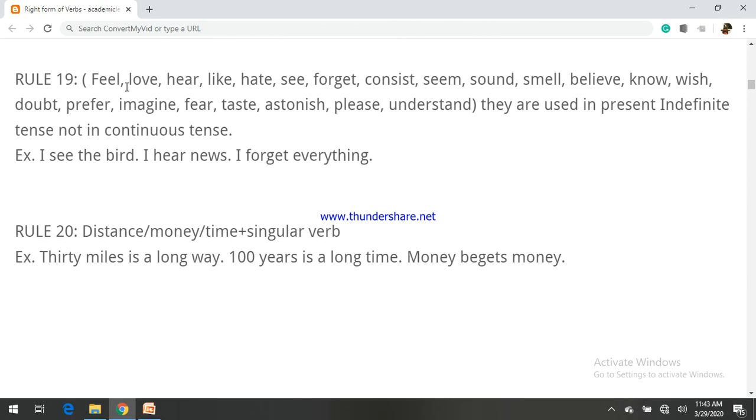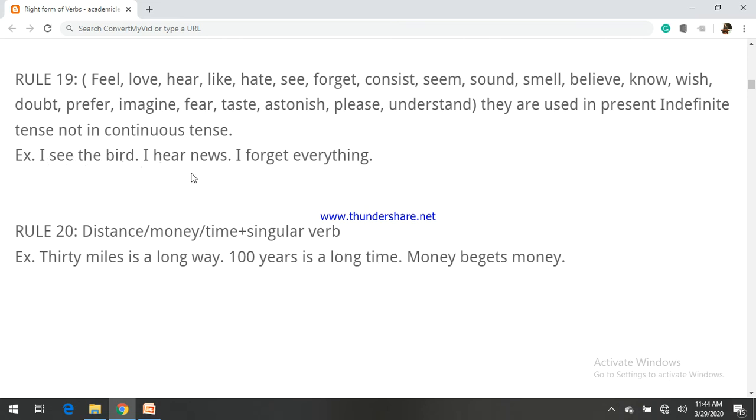Rule number 19. Feel, love, hear, like, hate. These verbs, these words, are used in the present indefinite tense, not in continuous tense. You have to just remember these words. These words are mostly used in present indefinite. Then the structure of the sentence should be present indefinite. Let's see. I see the word. Subject I, see is the present form, and the word is the object.